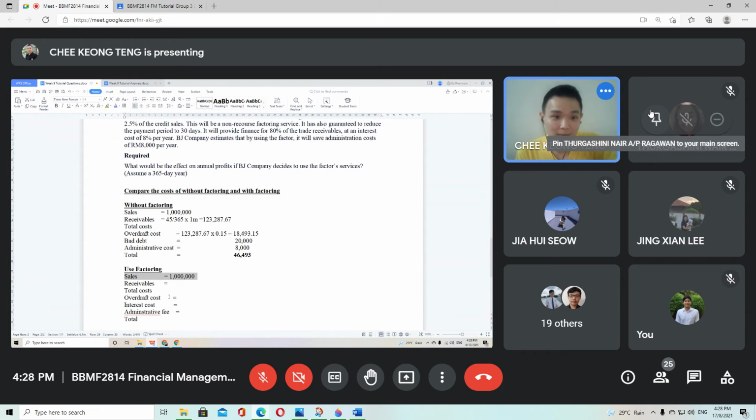Your customers will know, because you see the procedure will be, you send the invoice. I can tell you realistically, you send the invoice to the factor, they will check. Actually, they will check is it genuine or not. Everything is genuine and you have already sent the goods, everything okay, then they will attach their own letter on top of your invoice, and then they will send to your customer.